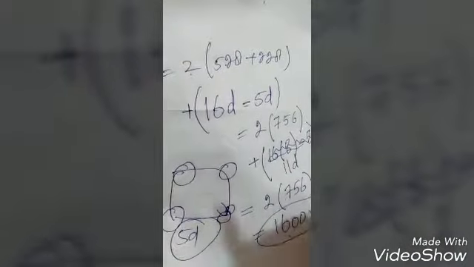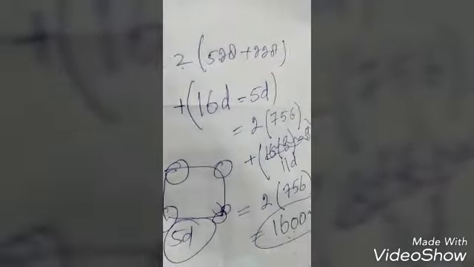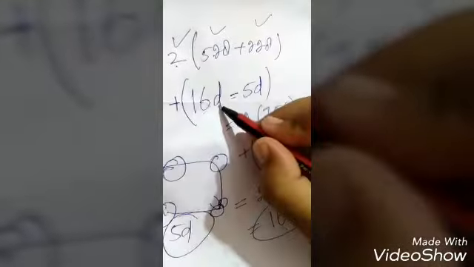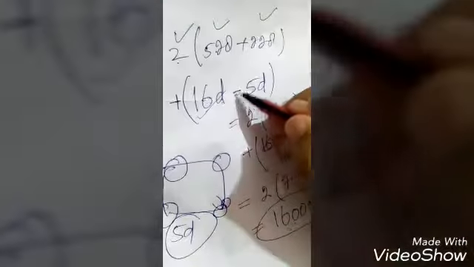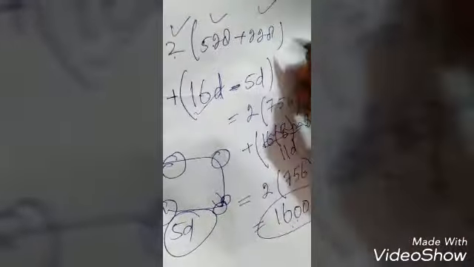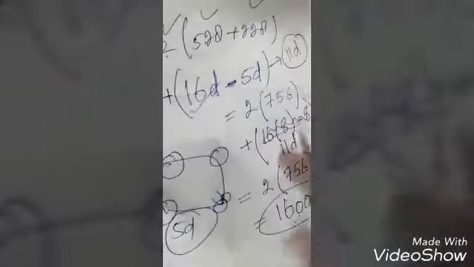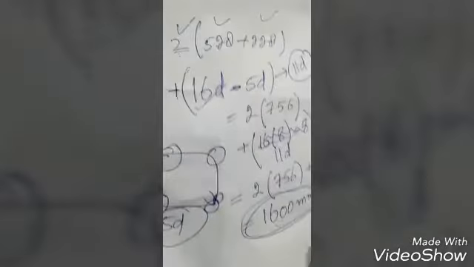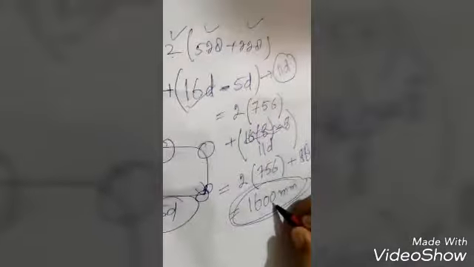We should know the perimeter, twice into length plus breadth, plus 16D. Always go for 16D, then subtract 5D for the 5 bends. You can write it as 11D, simple. When we add all these things, you will get the result: 1600 mm.